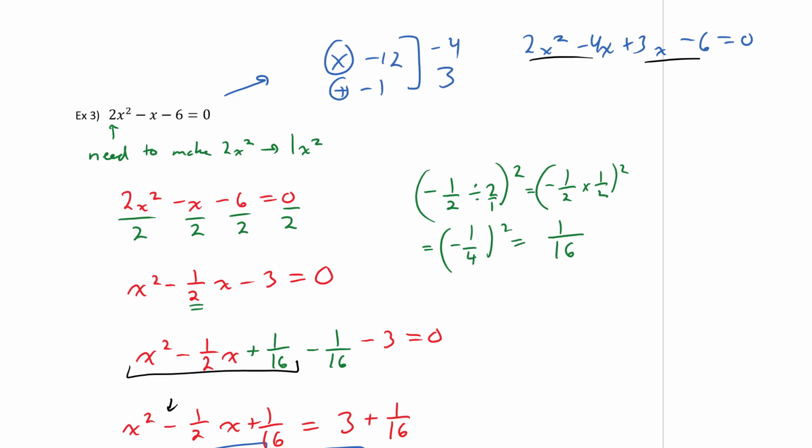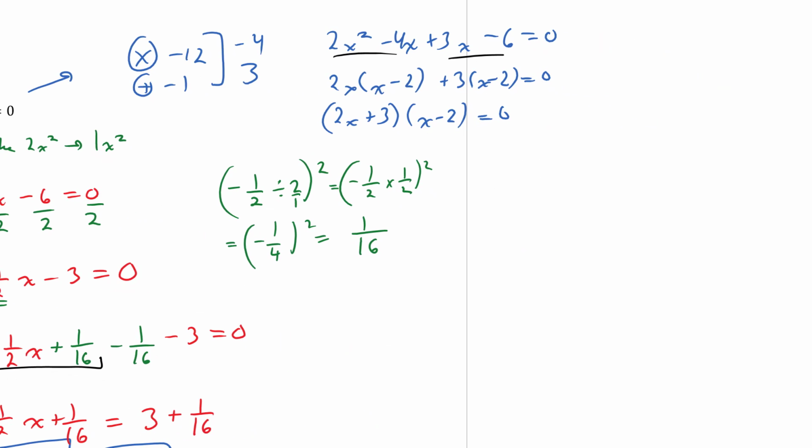Common factors. 2x plus 3, x minus 2 equals 0. So in the end, we get 2x plus 3 equals 0, and x is equal to 2, and x is equal to negative 3/2.